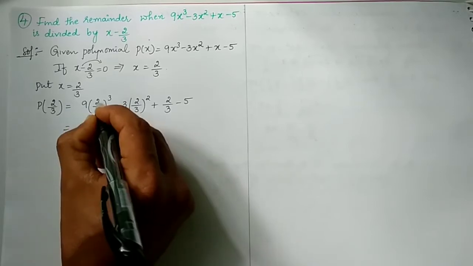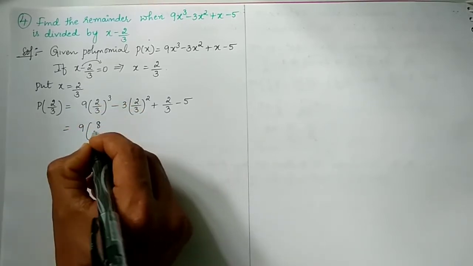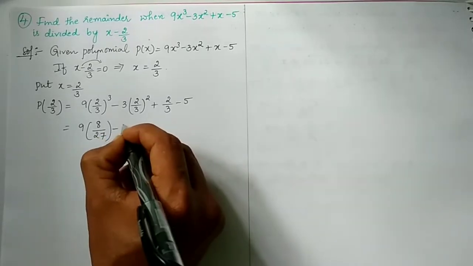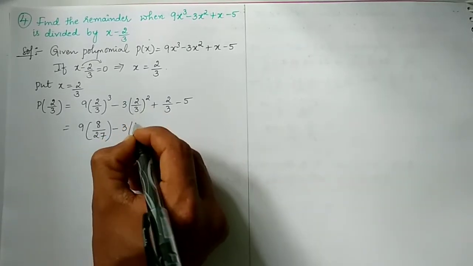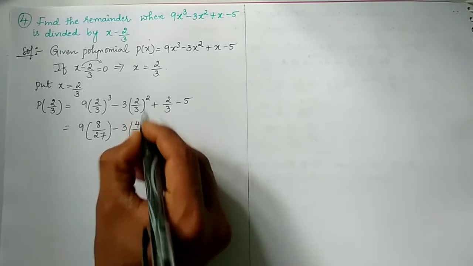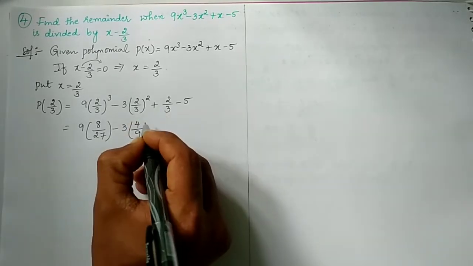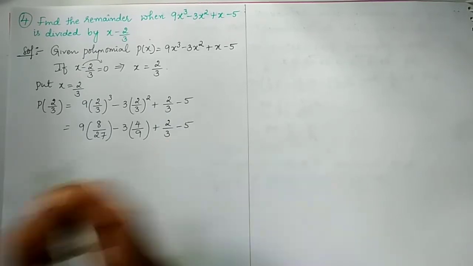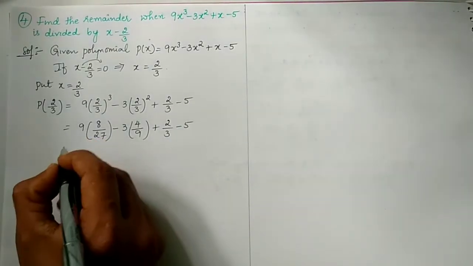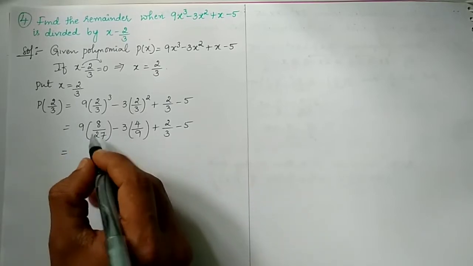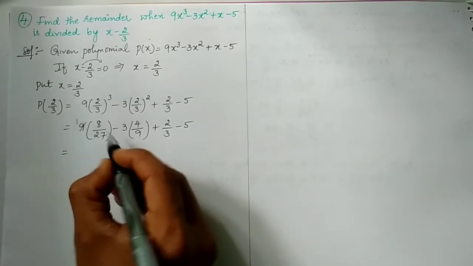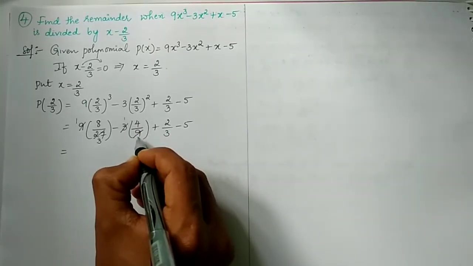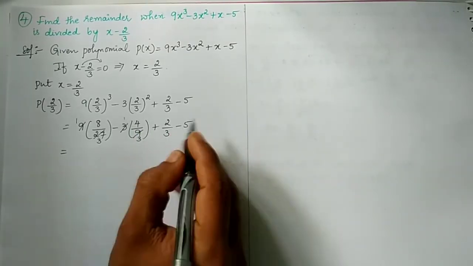9 into 2 cubed, which is 8, divided by 3 cubed, which is 27, minus 3 into 2 squared, which is 4, divided by 3 squared, which is 9, plus 2 by 3 as it is, and minus 5 in the same place. Now can we cancel this? 9 ones are 9, 9 threes are 27, 3 ones are 3, and minus 5 as it is.